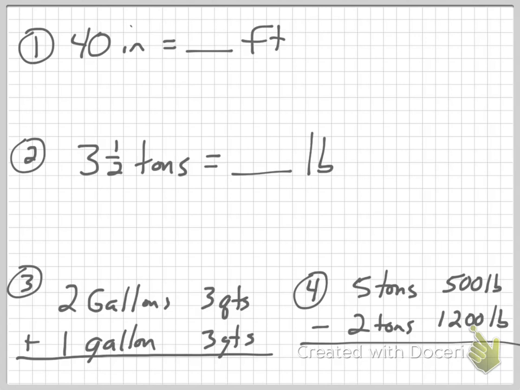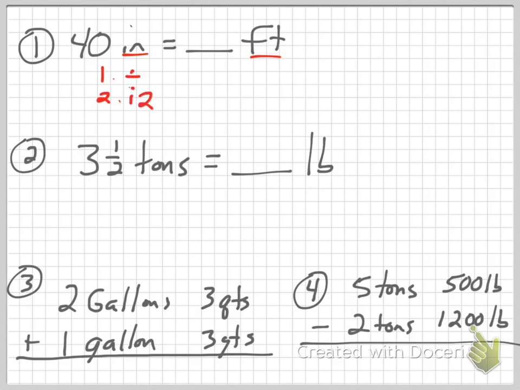The first one, we have inches, we're going to feet. So we have small, and we're going big, which means that we divide. What is the relationship between inches and feet? What's the number that we're looking for? 12.